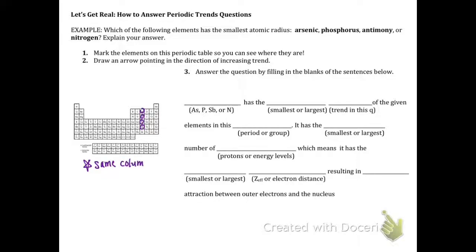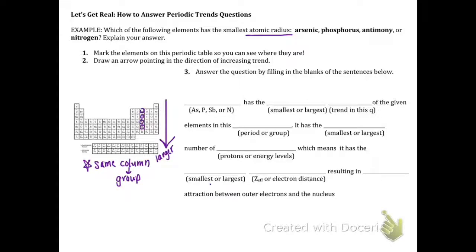And remember, for column, we use group instead as our vocabulary word. Now it's asking about atomic radius, and we know that atomic radius gets bigger from top to bottom. So I'm going to draw an arrow going down to remind myself that it gets larger as we go down.